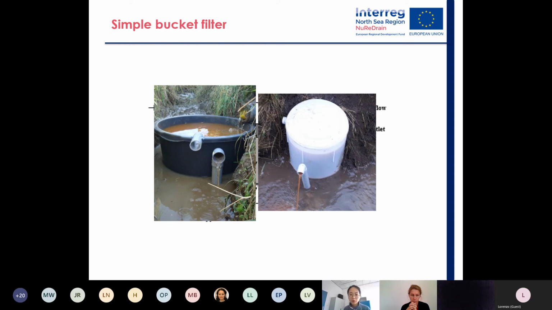The overflow could go directly to the right when the peak flow is higher than the capability of filter processing. With this principle, we have designed several different generations of the filter. Here are 2 of them installed in the field.